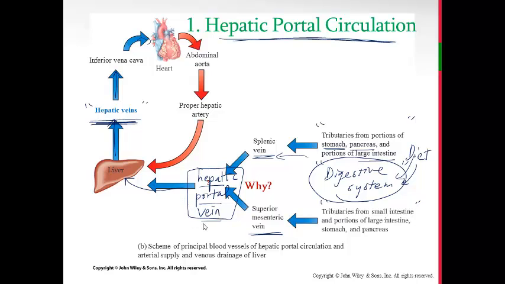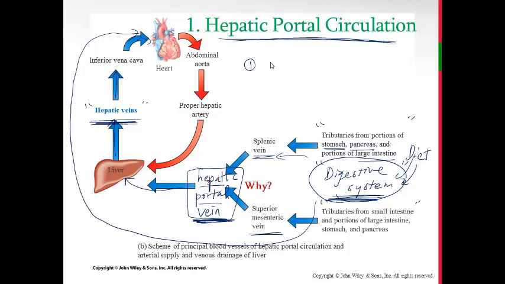Now, here's the reason why we have to have this very difficult system. Why can't we just feed everything from your digestive tract and put them straight into your heart? Why do we have to go through a portal system in this sense? Think about it. What are the things that you eat? Probably something very good, right? All the goodies, nutritious stuff.